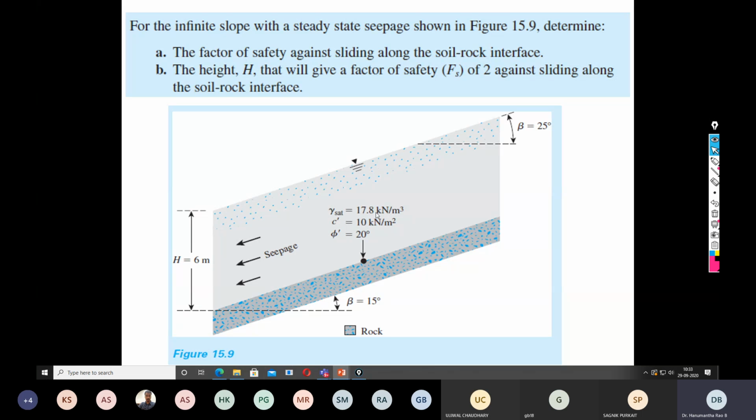Gamma sat is 17.8 kilonewton per cubic meter. C dash is 10 kilonewton per square meter. Phi dash is 20 degree. And slope angle is 15 degree. Find the factor of safety against sliding along the soil rock interface, and the height h that will give a factor of safety Fs of 2 against sliding along the soil rock interface.